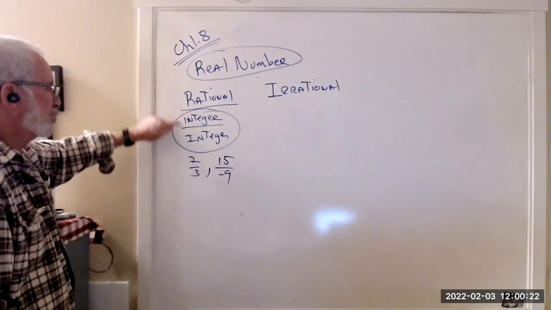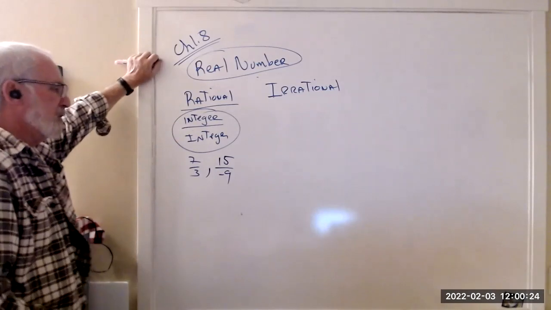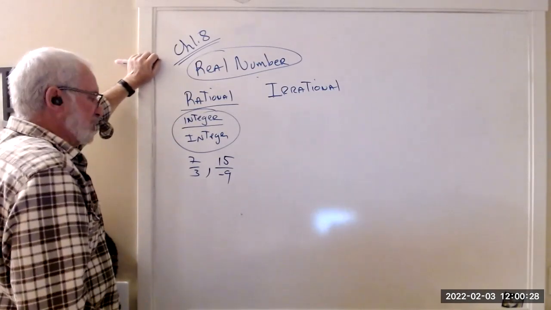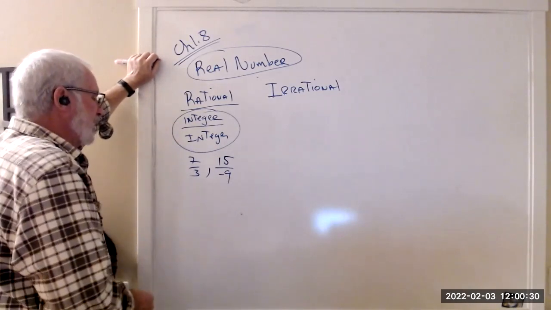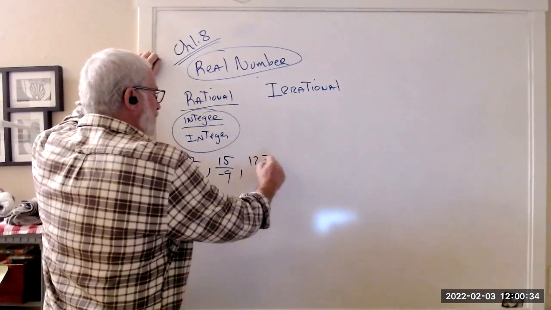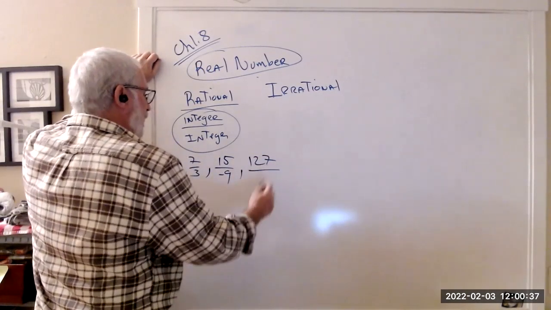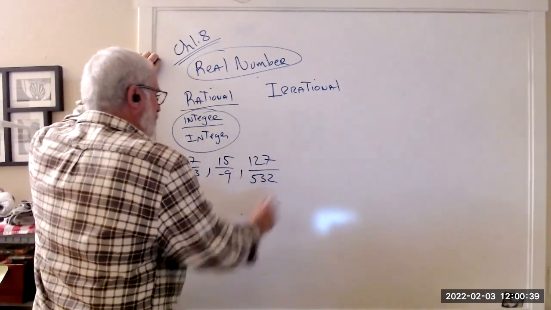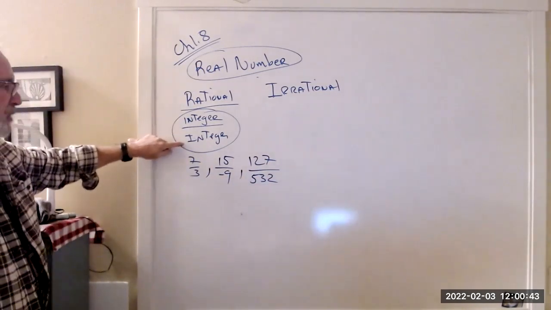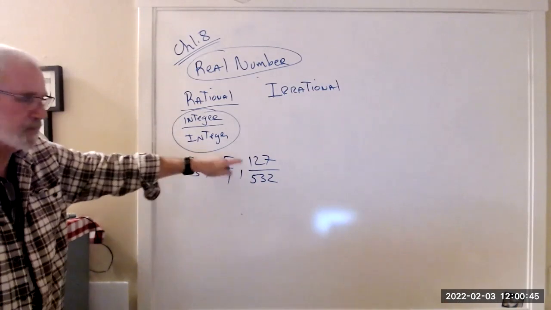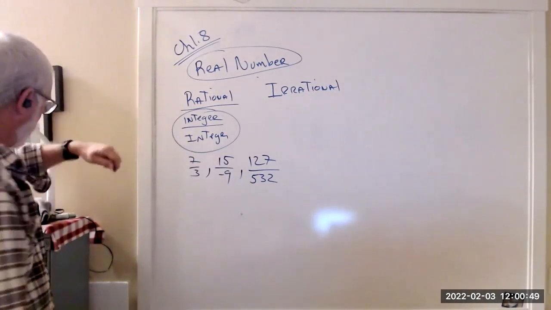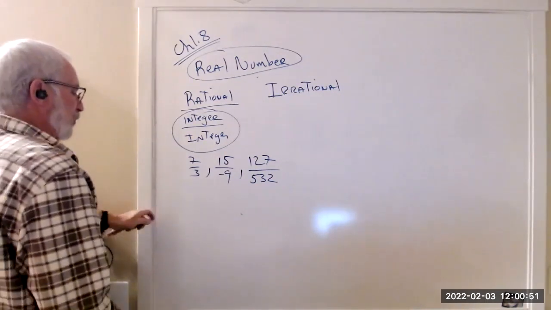Any integer divided by another integer, with the exception that the denominator cannot be 0. Whatever else, the denominator can't be 0. 127 divided by 532. If you have an integer divided by another integer, just a basic number, positive or negative, divided by itself, that's called a rational. Now, they have certain properties.